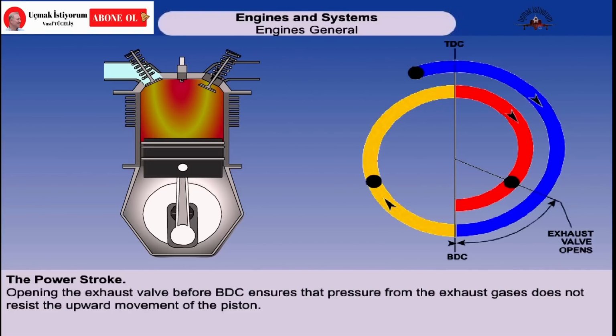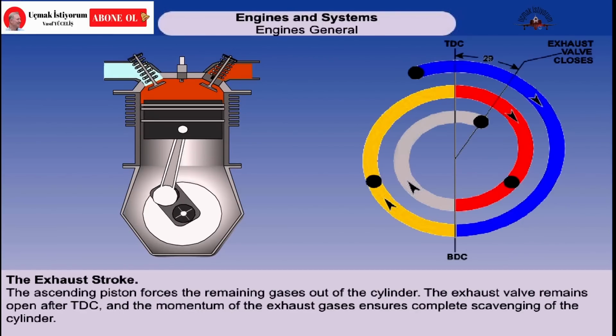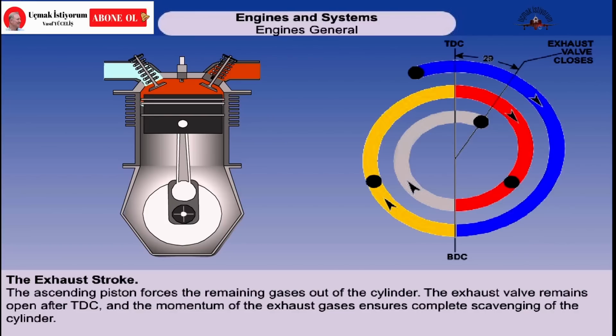Opening the exhaust valve before bottom dead center will also ensure that the pressure of gases remaining in the cylinder does not resist the upward movement of the piston in the exhaust stroke. Finally, the piston moves upwards, forcing the remaining gases out of the cylinder. The exhaust valve is left open after top dead center to permit the gases to scavenge the cylinder as completely as possible by their momentum.